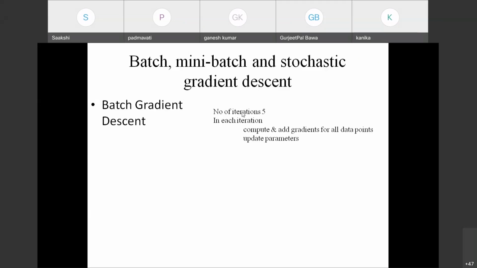Here iteration means the epoch only. In each iteration, I compute and add the gradients for all the data points, and you will use this gradient value to update the parameters.